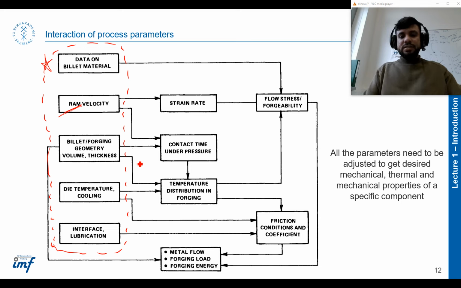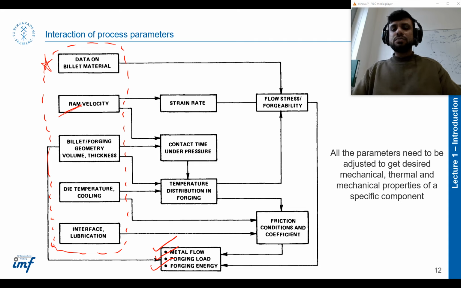And basically these conditions then give us the temperature distribution during the forging or contact time, pressure, and that leads to the calculation of the friction conditions. The flow stress, the material data basically gives us information about metal flow, forging load, and forging energy. And this is what we are interested in calculating through any process which we carry out.